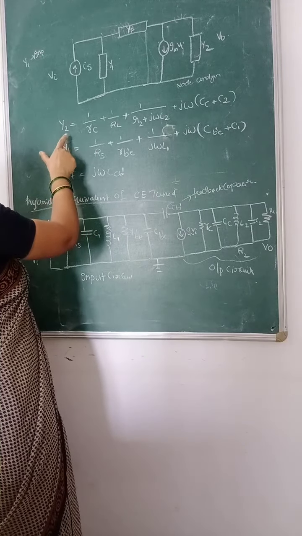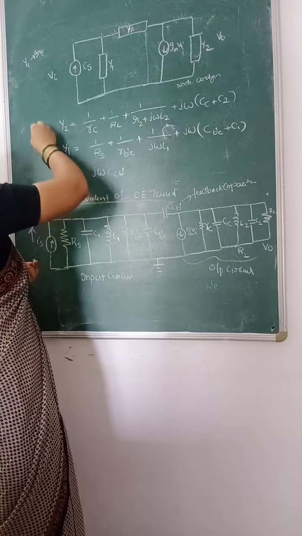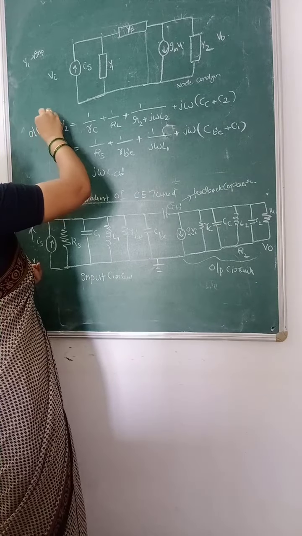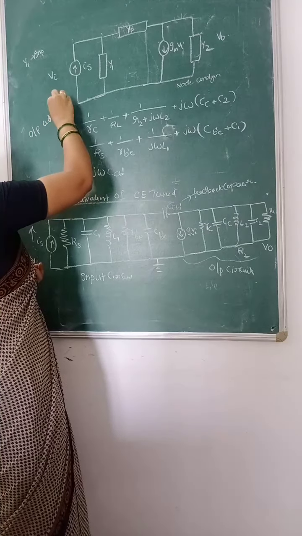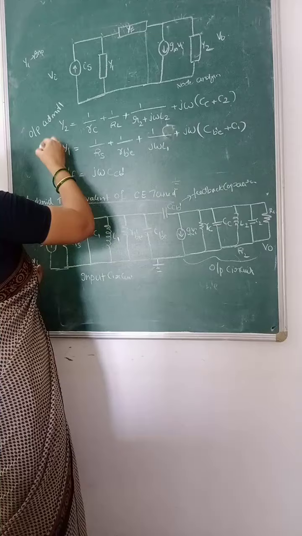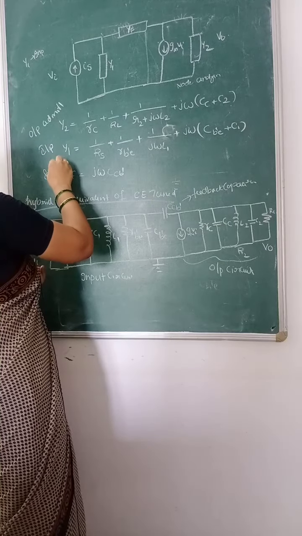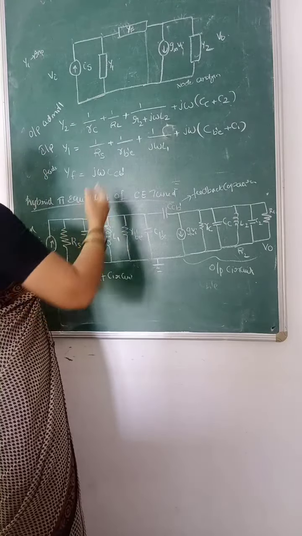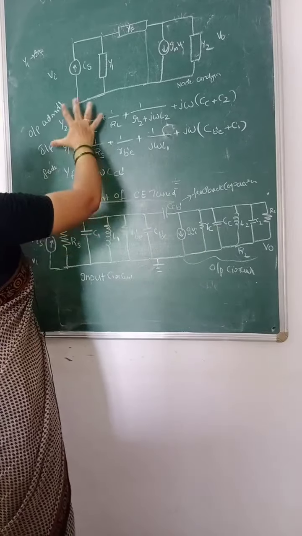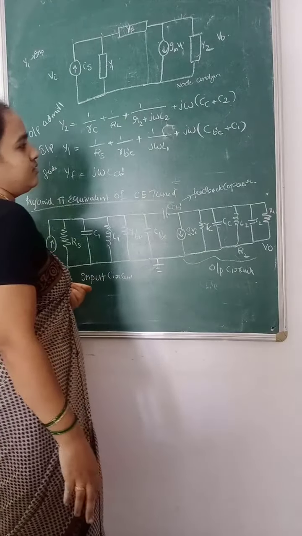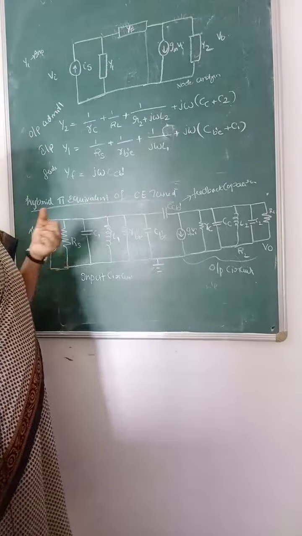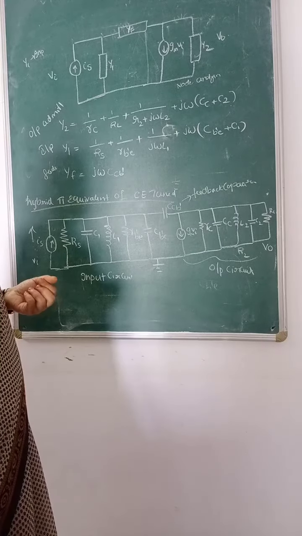Output admittance is represented with Y2. Similarly, this is the input admittance and this is the feedback admittance. So by choosing these components, we write down these admittance values. Now our aim is to calculate the voltage gain.